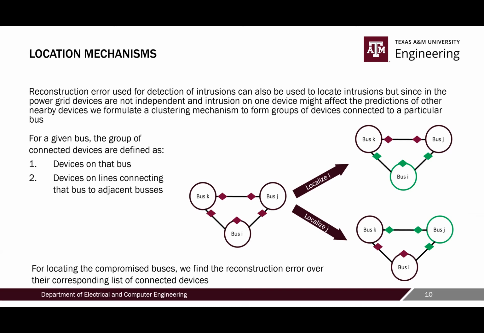So it makes sense to group the devices together and look at the detection on those groups rather than just on all the devices. This figure shows that if we want to localize bus I, it means the devices at bus I and the devices on the branches, and then bus J would be the devices on that bus and devices on the branches. So it matters how the devices are connected in doing the localization.